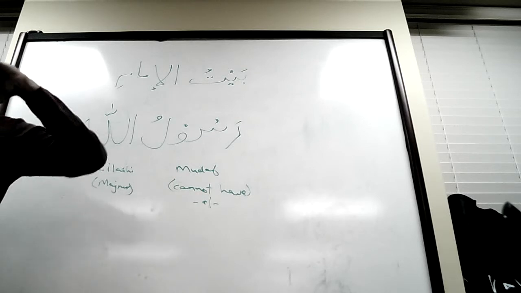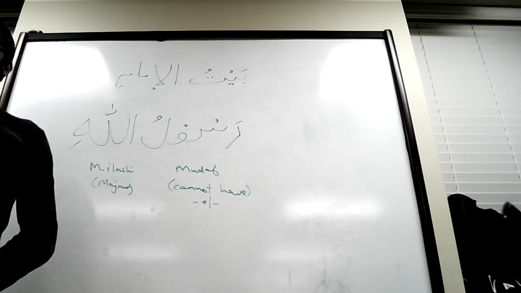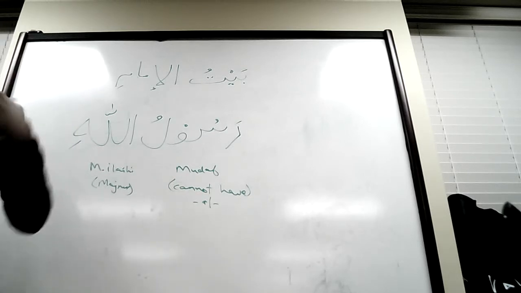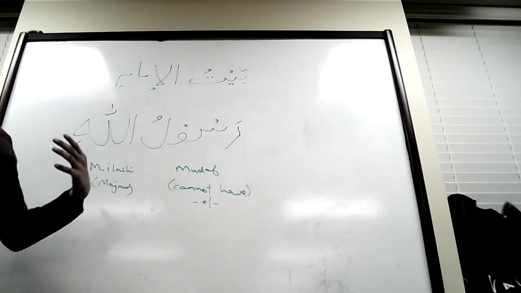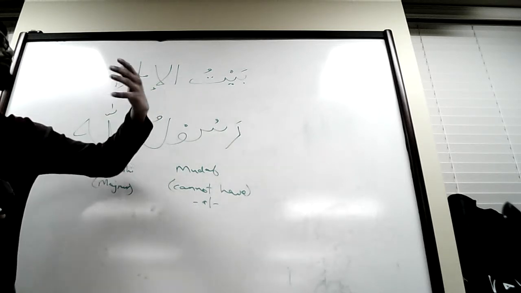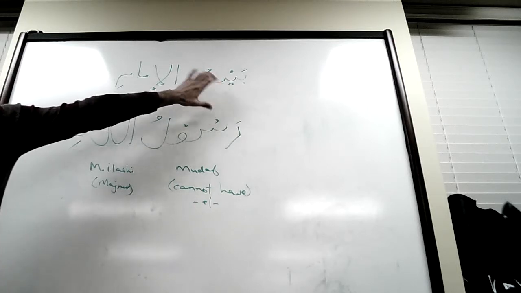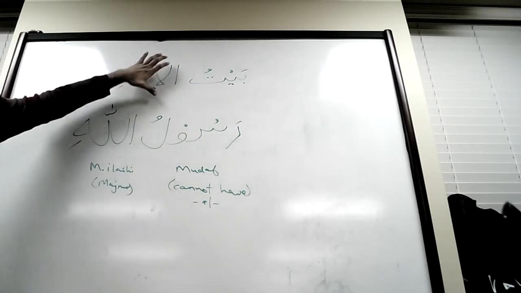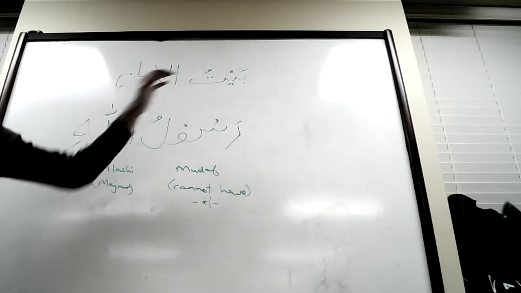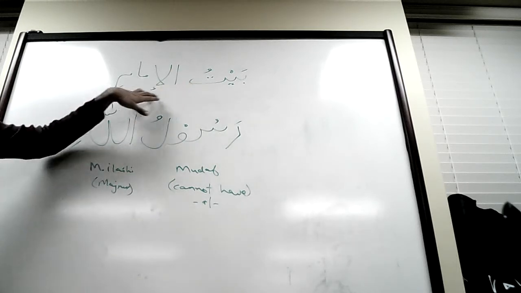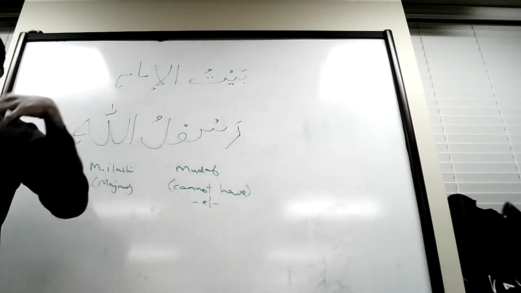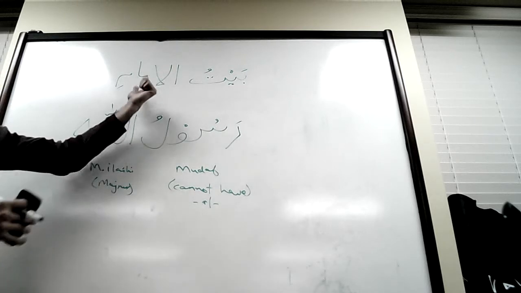But what if I want to describe the house to you, right? So I want to say it's new, right? The Imam's new house. So what am I going to be describing? I'm going to be describing Baytu. But I can't do that until after the Imam, right? Because this is the mudaf. I'm just saying that the Imam owns the house. So the word new will have to come after Imam.